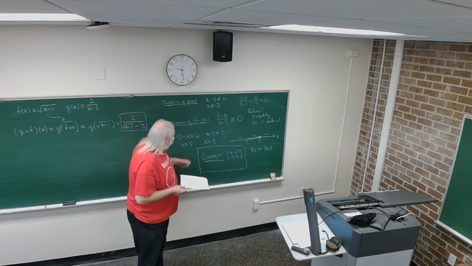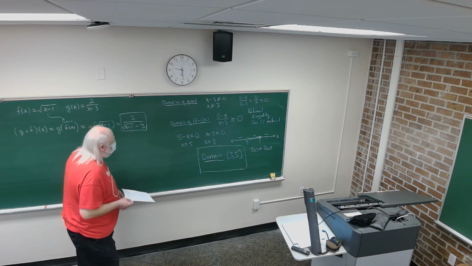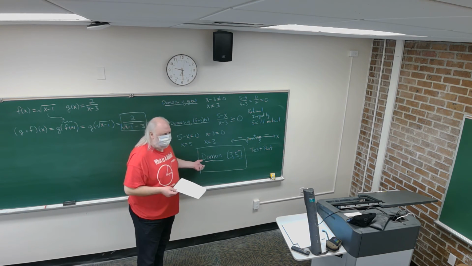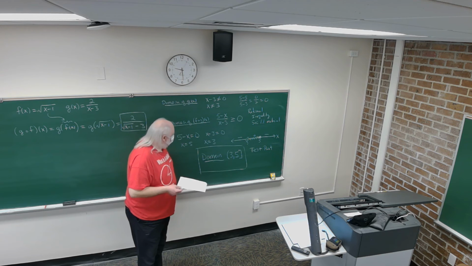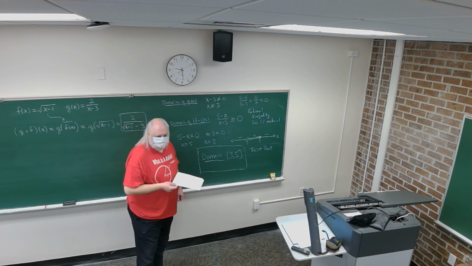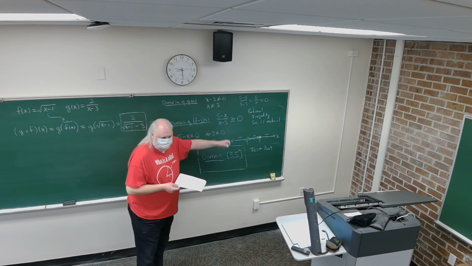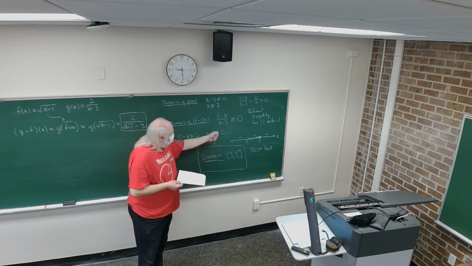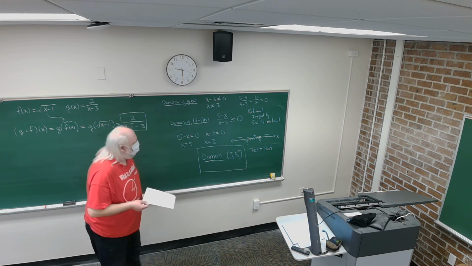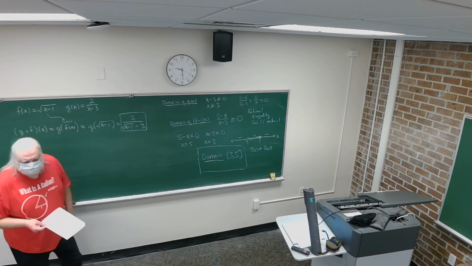And so you got problems like this on the exam review where you have to find the domain of a square root function. And you have to take what's under the radical, set it greater than or equal to 0, and solve the rational inequality.